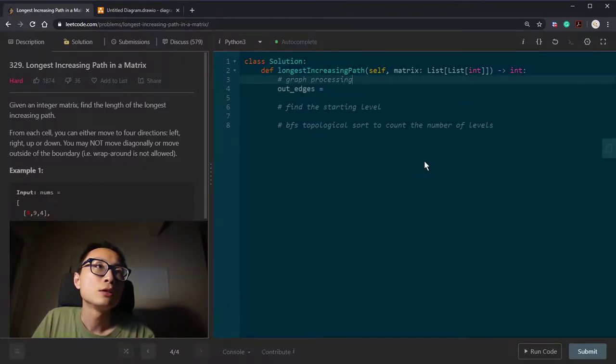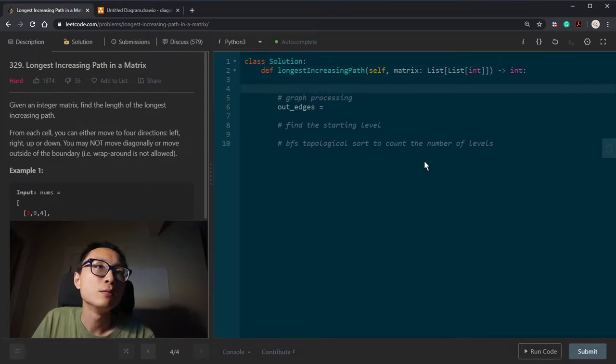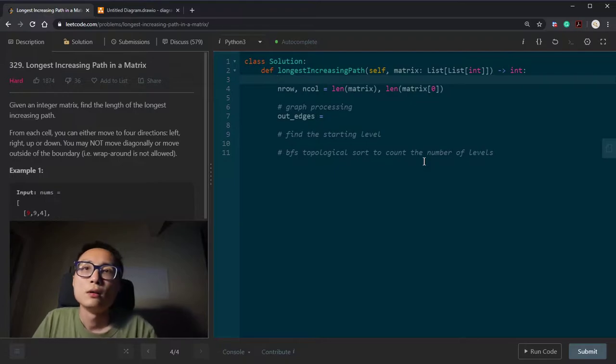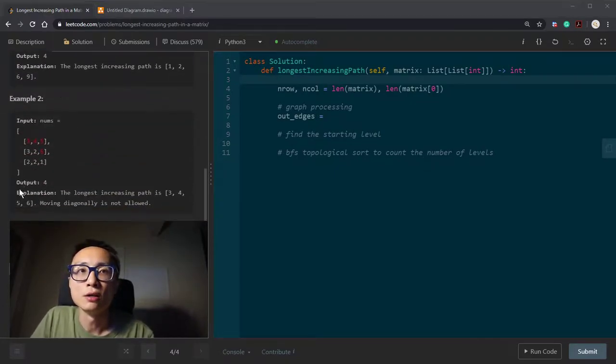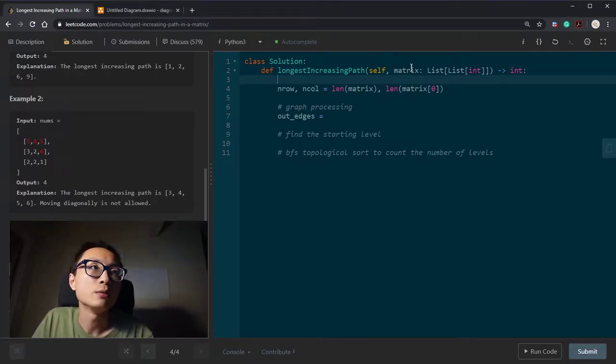So the total number of nodes inside this matrix is going to be the number of rows multiplied by number of columns. So we grab those in the beginning. Let's do some housekeeping because it doesn't mention the number of rows and number of columns inside the matrix.